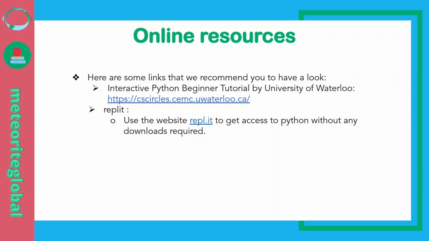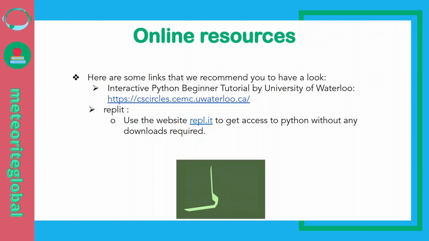But if you don't want to do that, you have the website REPL.it on which you can code online and get the output online. Don't worry, you're gonna learn how to use that website, and also how to install and download each and everything on your computer. You're gonna learn both of them. So these are some open educational resources you should definitely try.